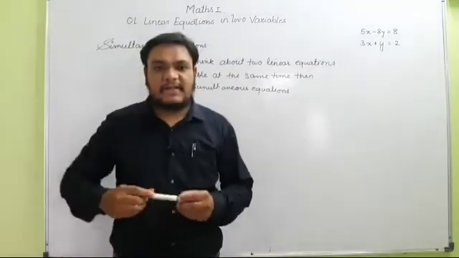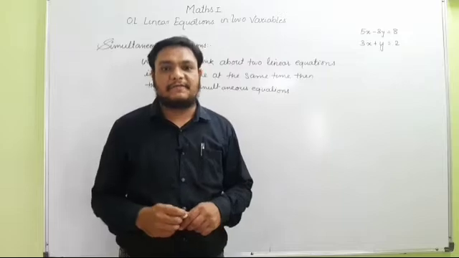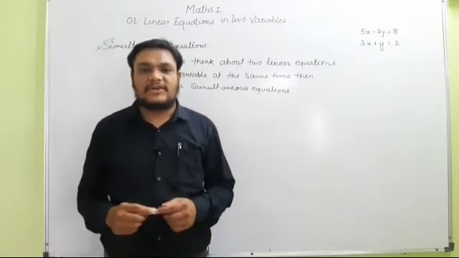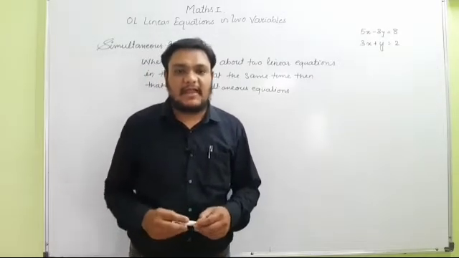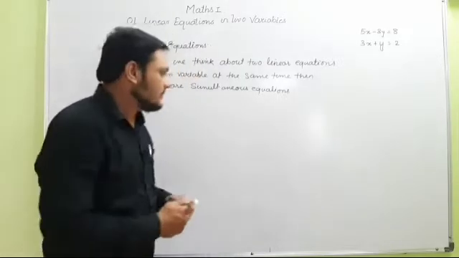Students, if we think of two linear equations in two variables at the same time, or if we write two linear equations in two variables at the same time, then we can say that they are simultaneous equations.